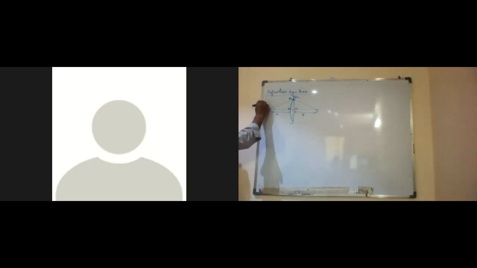This is the first diagram. In the second diagram, we are taking only air and glass. Here we are taking air, and here it is glass. This is the normal, which passes through the center of curvature C1. Now this is B. So what happens? The image is formed here, I1.